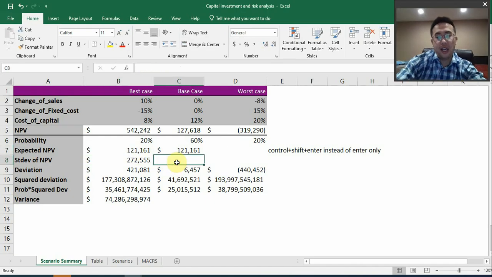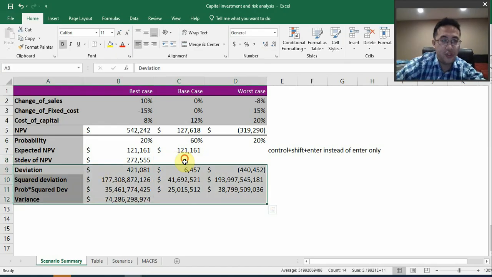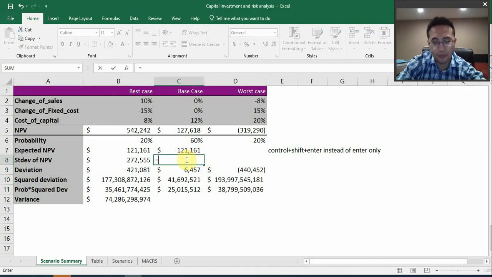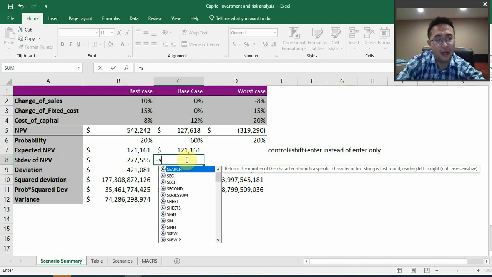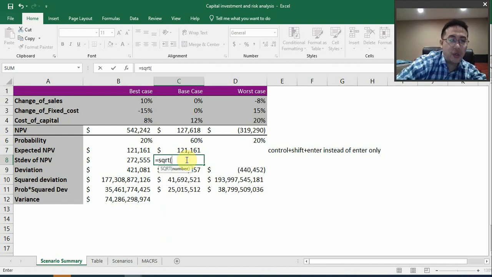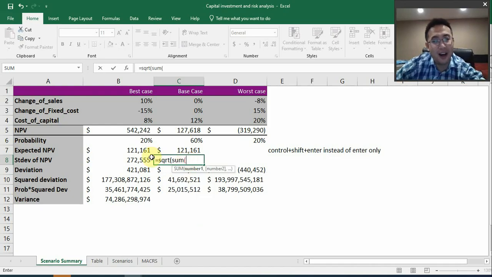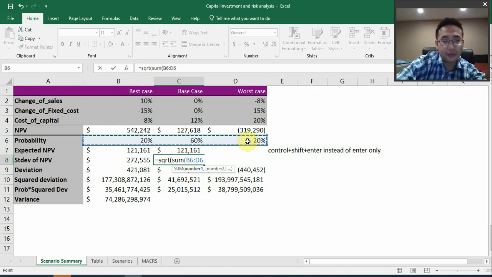And I can also calculate standard deviation of NPV by using one line of Excel formula. Okay, just one line. Instead of creating extra 4 rows, I just use one formula here. Okay, and that's still gonna require me to follow the standard deviation formula. So what I do here is I use a square root of variance. And how do I calculate the variance? It's a summation of all the probabilities here times all the squared deviation. Okay, all the squared deviation.